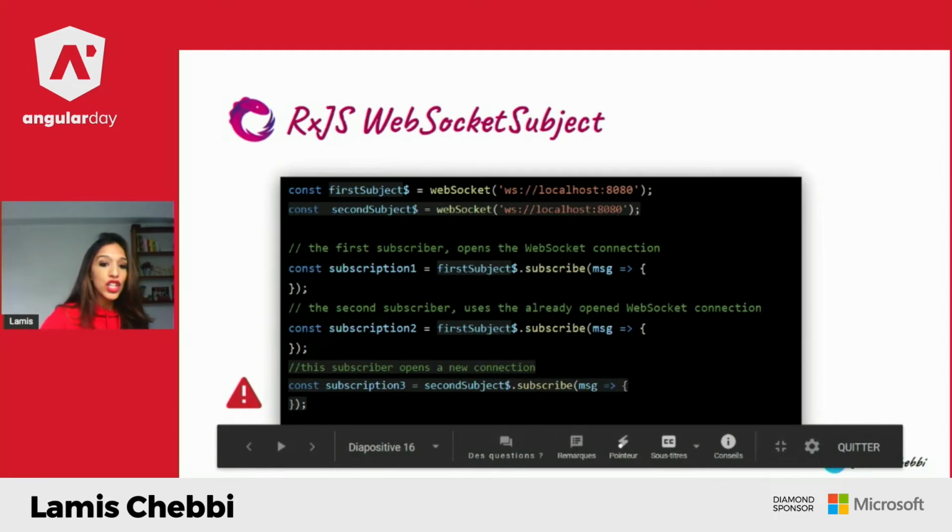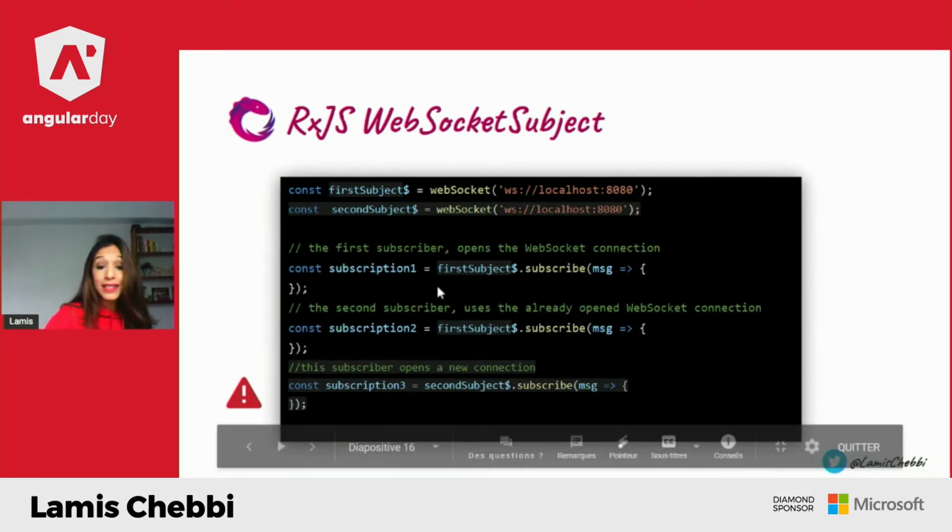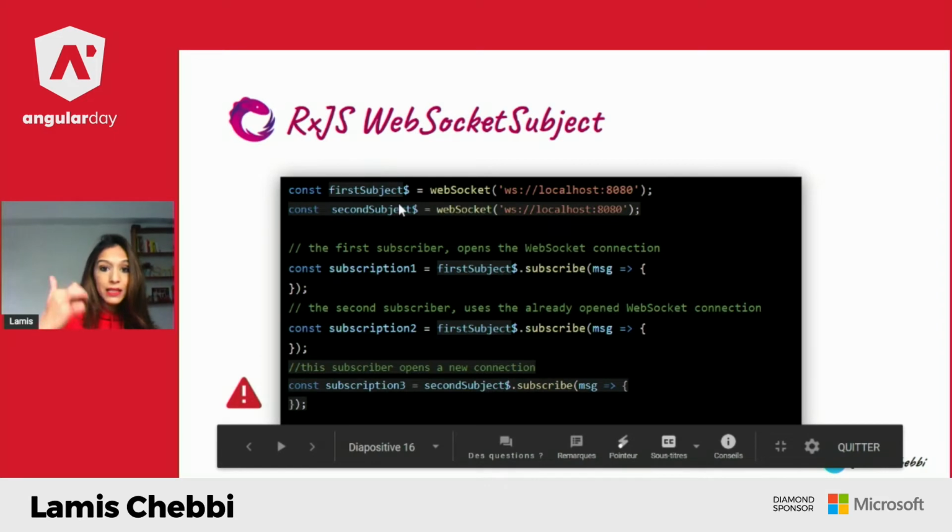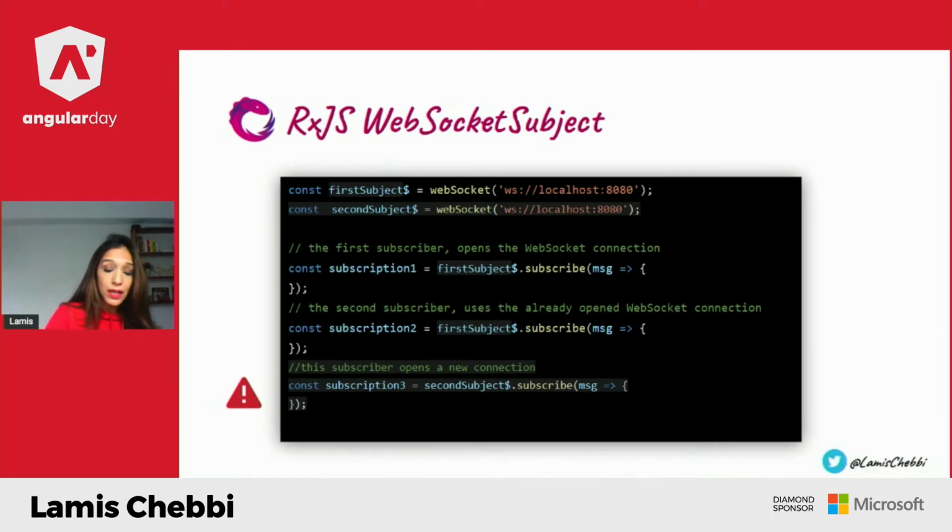So the check is done by the instances of the RxJS WebSocket subject, even if they are pointing to the same URL. I did this on purpose to show you that even if it's the same URL, but two different instances, then two separate connections will be made. So be careful about this.